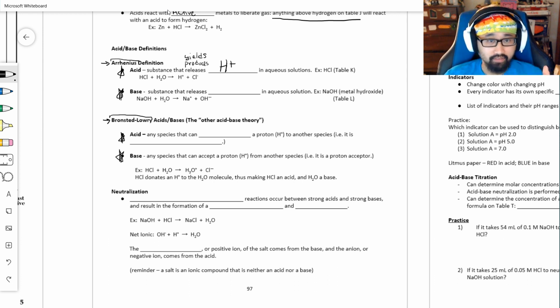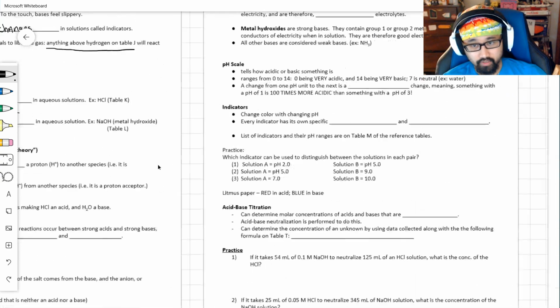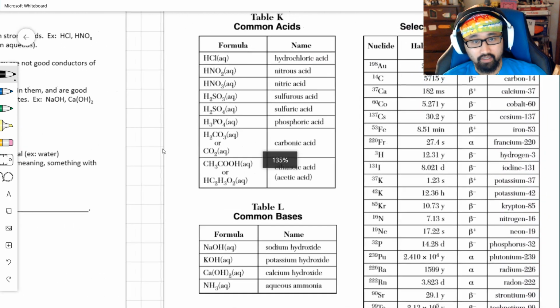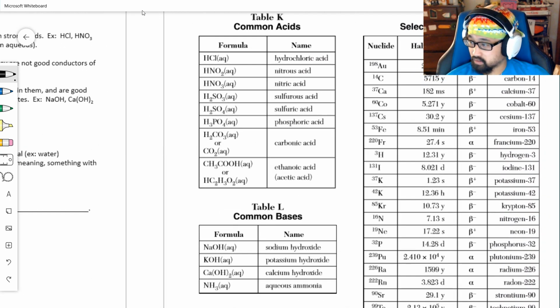A base, in the same definition, is something that releases or produces or yields OH-, right? I want you to notice something. I'm going to look back at the common acids and the common bases. If we look at the acids, look at all of these.